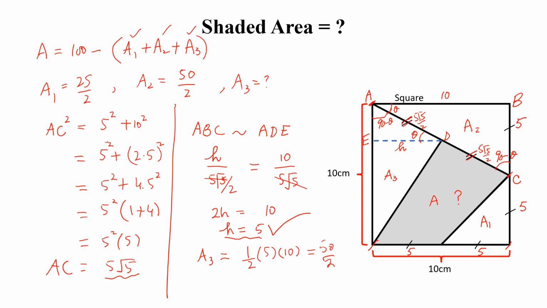If this is 50 by 2, we will put all the values here, and the required area will be equal to 100 minus A1 plus A2 plus A3, and this is equal to 125 by 2, and A is equal to 75 by 2 centimeter square, and this is the required answer.